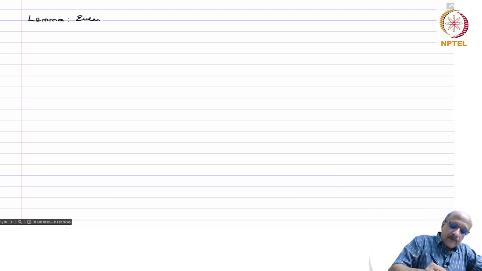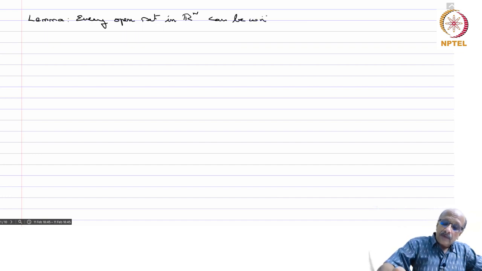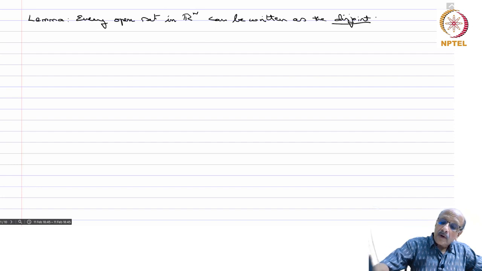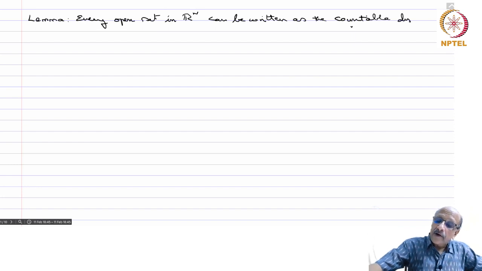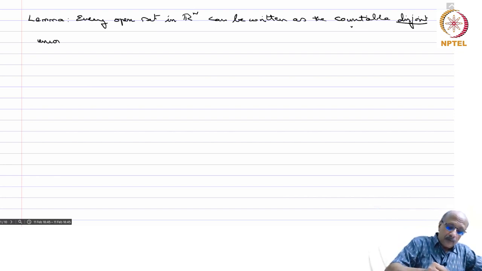Every open set in R^n can be written as the disjoint countable union of half open boxes.